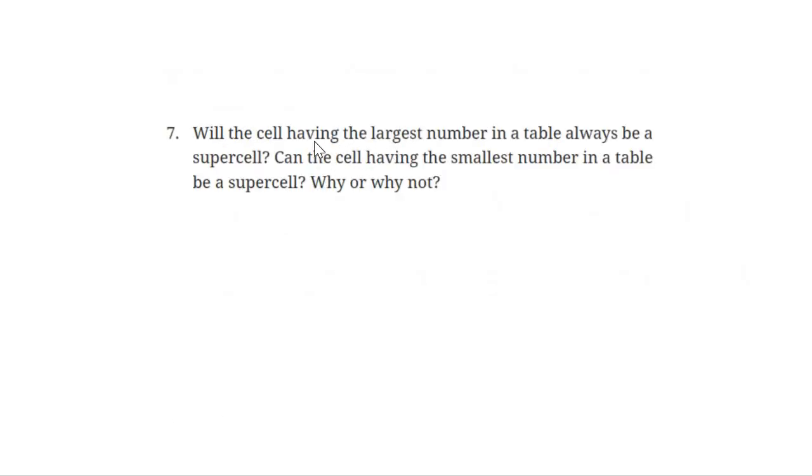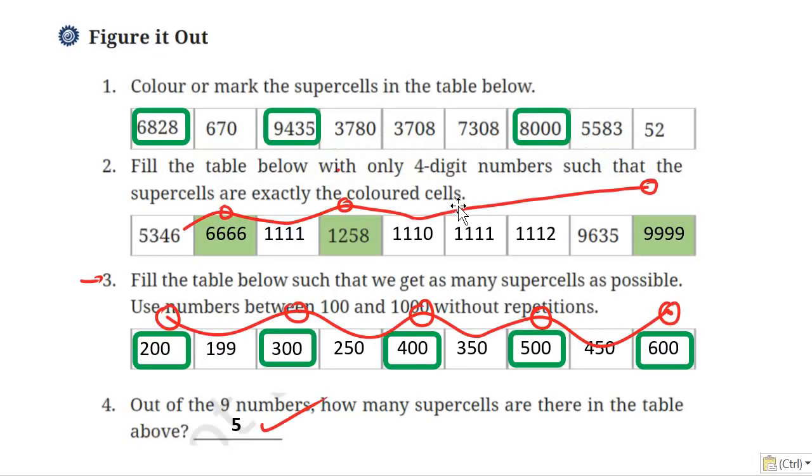Will the cell having the largest number in a table always be a supercell? Similarly, can the cell having the smallest number in a table be a supercell? To answer this, let us again see the answer to the first 4 questions. See over here, in this case, the largest number was 9345.